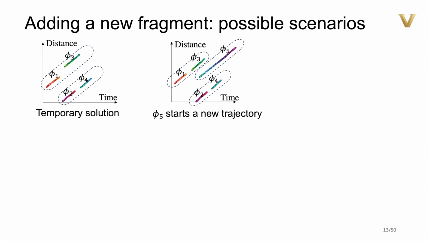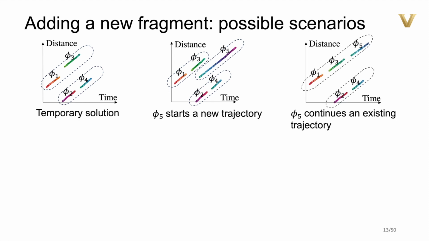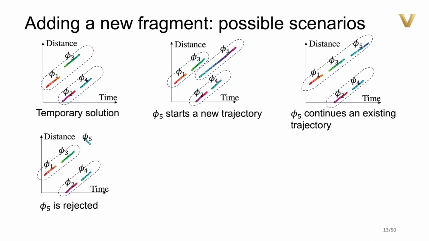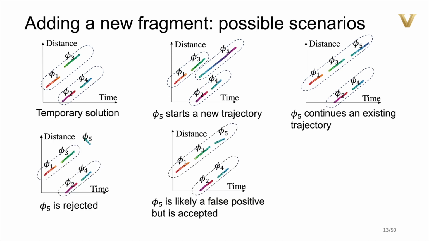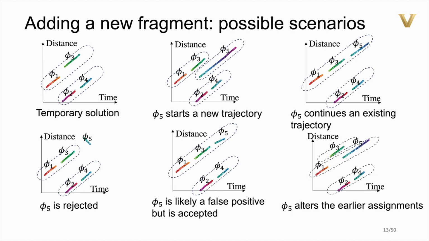For example, the new fragment could represent a new object that we've never seen before, or a continuation of an existing trajectory, or it could be a false positive, or it could alter an earlier assignment. Luckily, the graph algorithm can help us decide which scenario it is based on the matching cost we assigned for connecting the new fragment to any of the existing fragments.